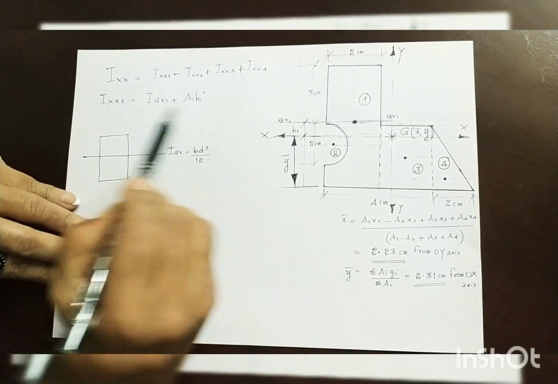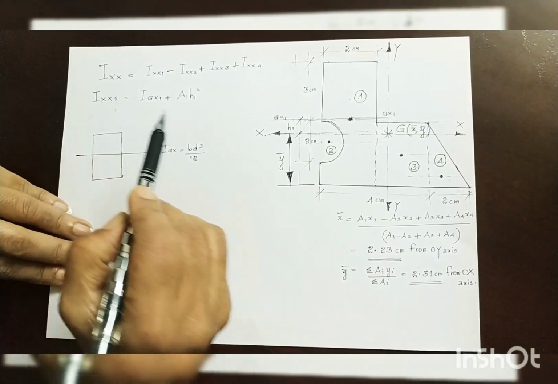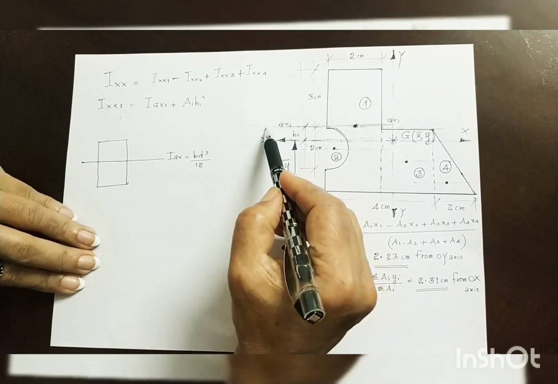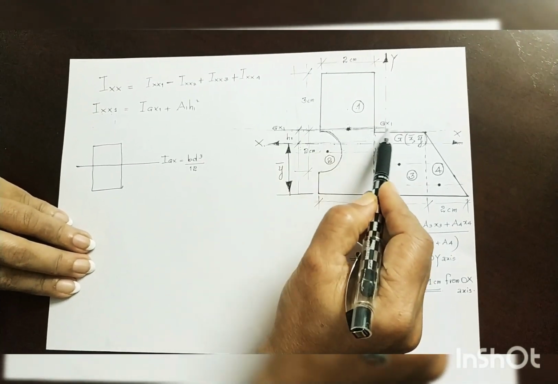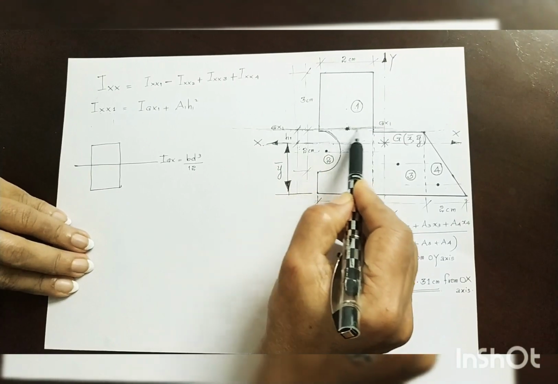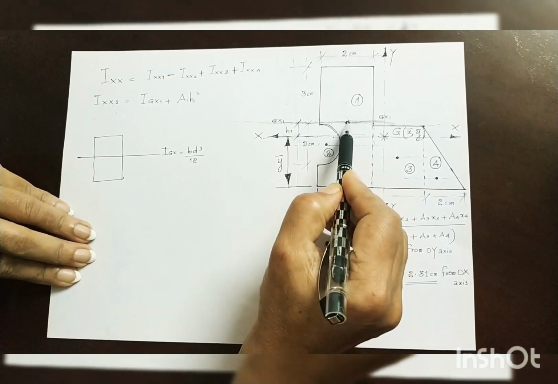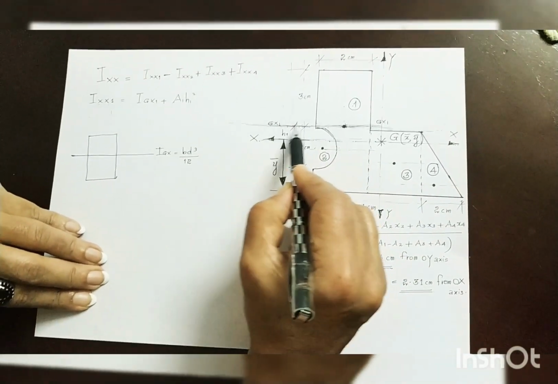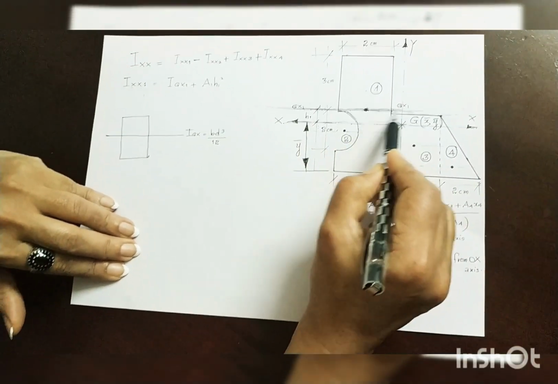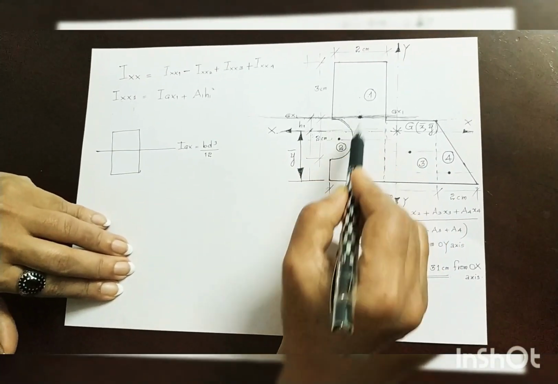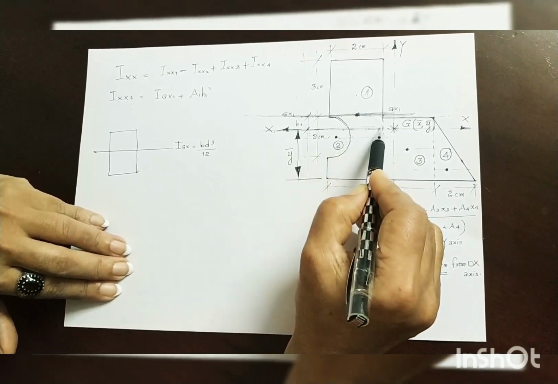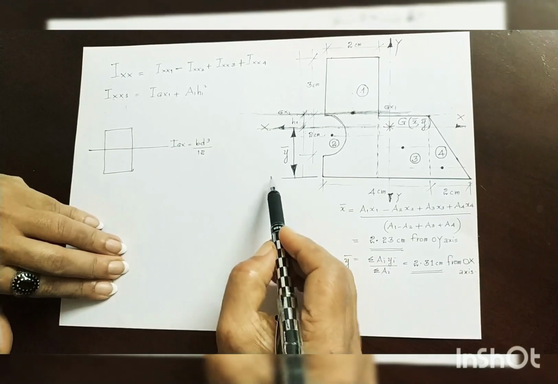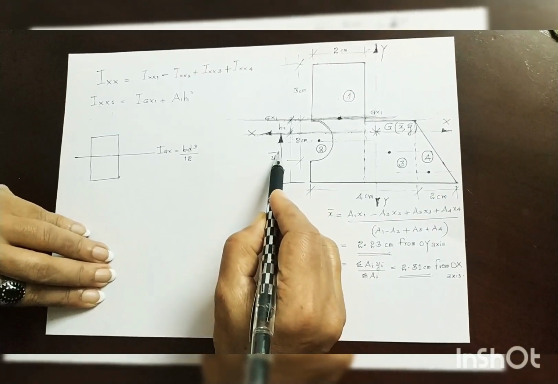So for that, you consider the centroidal axis and the own centroidal axis of the figure of the area which we are now taking into account. So this is the centroidal xx axis of 1, and this is the common centroidal axis, and this is the distance which you have to find. What is y bar?